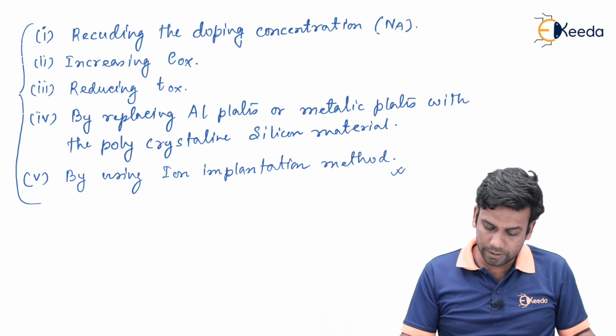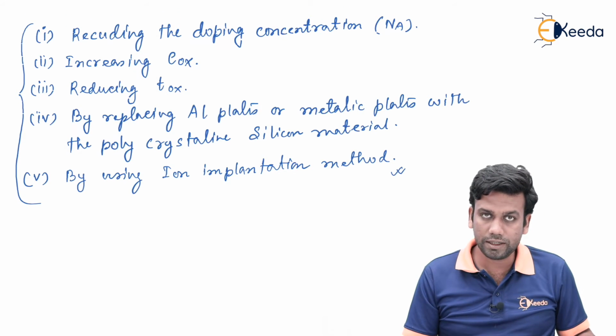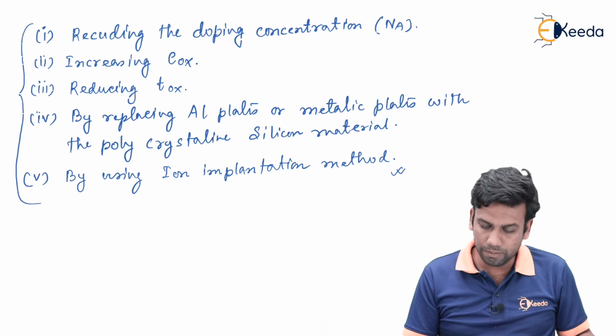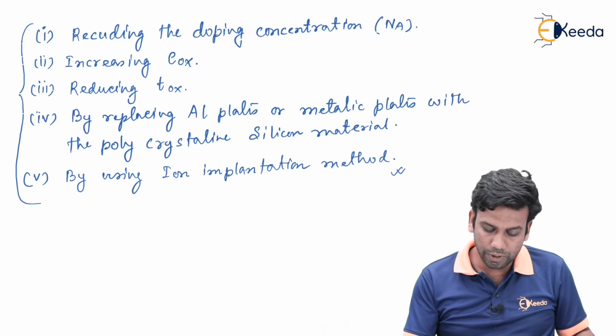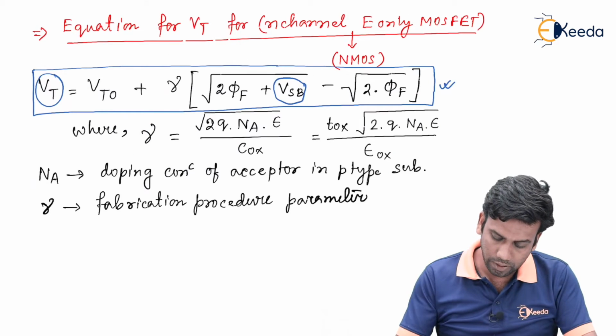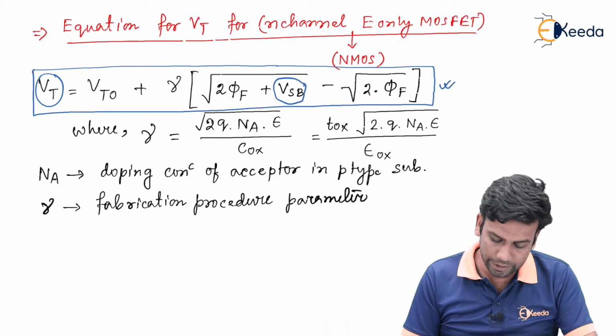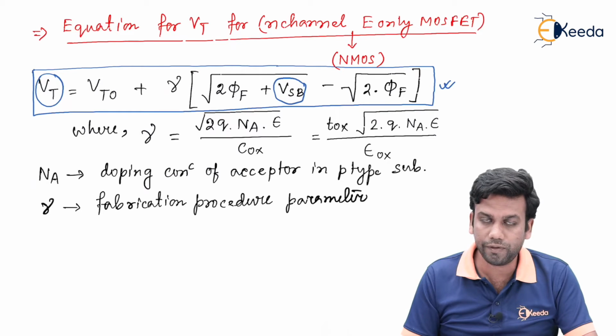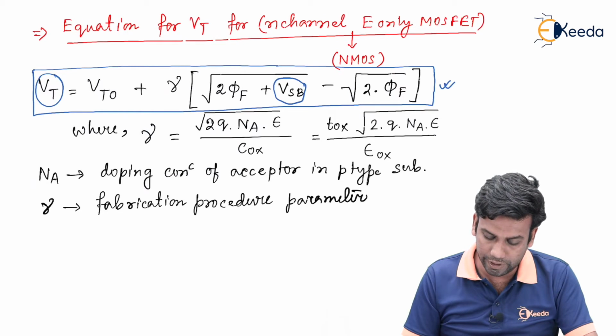So after this, let us see what is the body effect of an E-only MOSFET or NMOS. That means if we look at this equation of Vt, we can see that the threshold voltage is controlled by the substrate voltage or the body voltage.